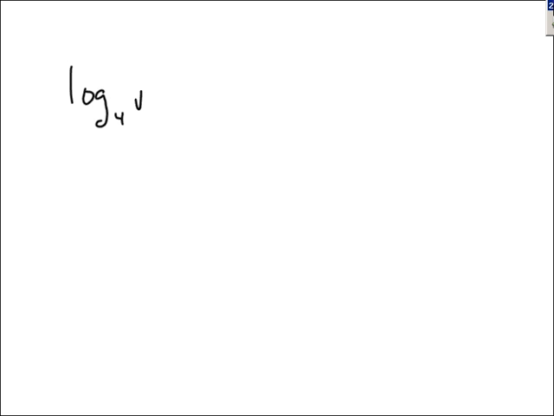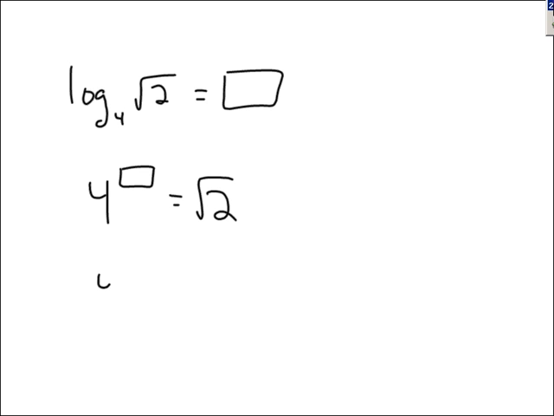Log base 4 of square root of 2 is what? Well, this is saying 4 to some power is equal to square root of 2. That is, 4 to some power is 2 to the half power.